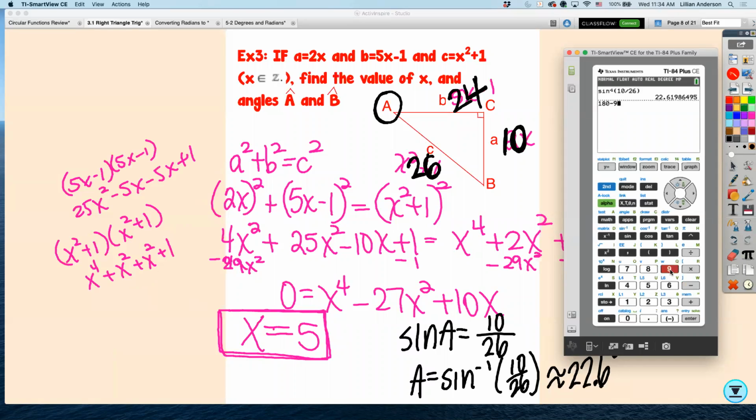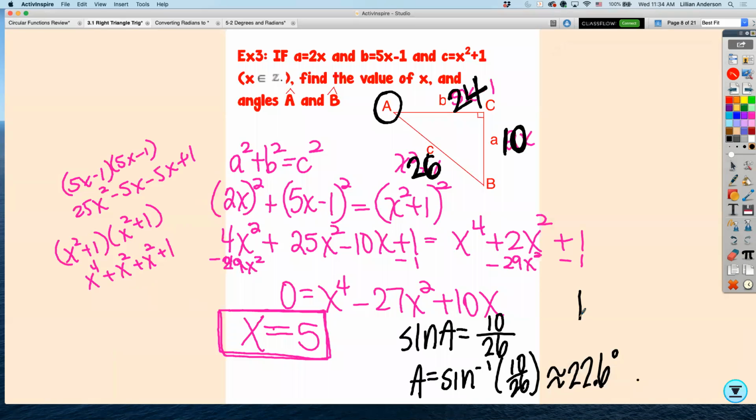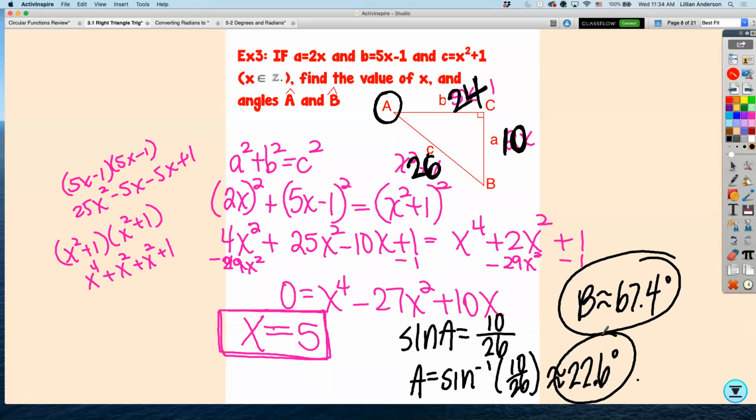So 180 minus the 90-degree angle minus the 22.6 degree angle, but I'm not using the rounded answer, I'm using the full answer. Did you get 67.4? Yes. Very good. So angle B is 67.4 degrees. Anytime you decide to use a previous answer to answer something else, always use the non-rounded answer.